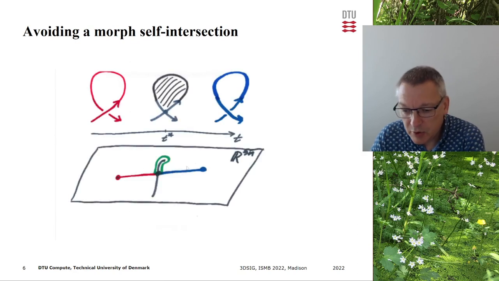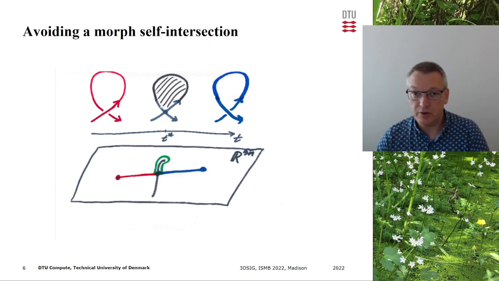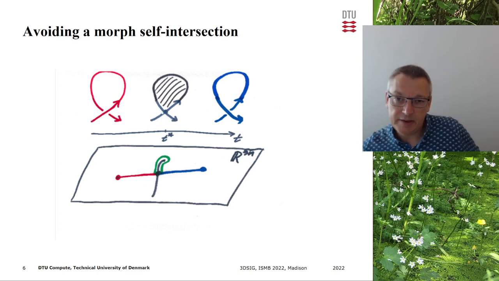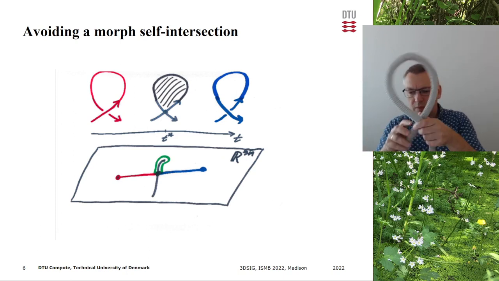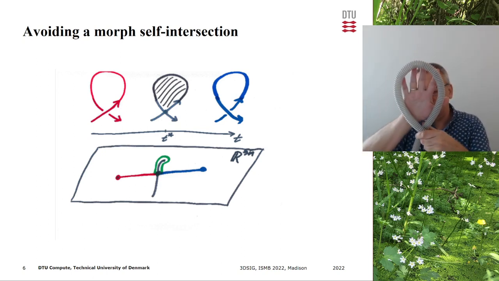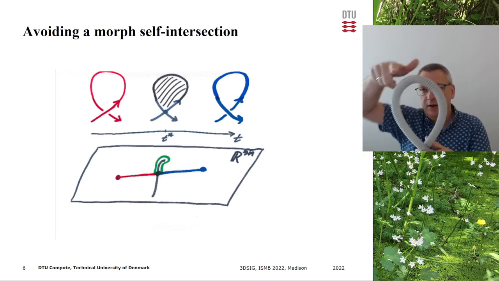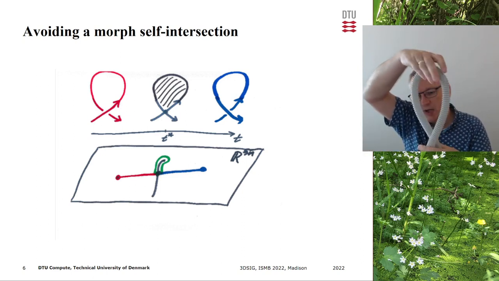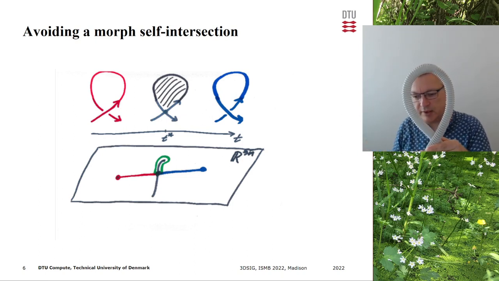And sometimes it's possible. One of the ways it's possible is if you have a closed loop like this. If at the time of the self-intersection this area and surface here is disjoint from the rest of the protein, then you can do this trick and get from the one side, from the left-handed loop to the right-handed loop, without a self-intersection.